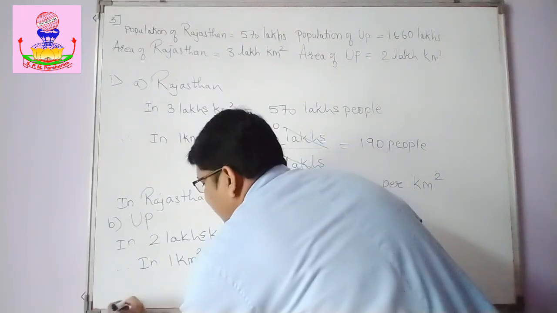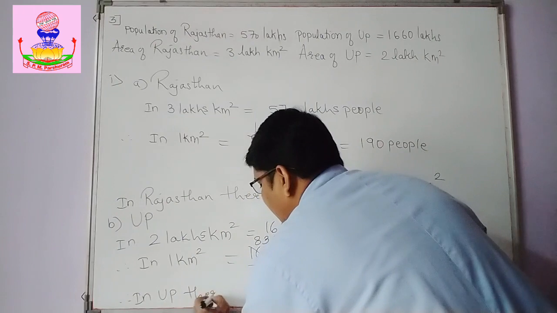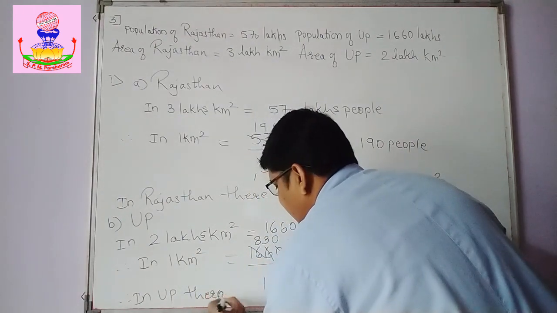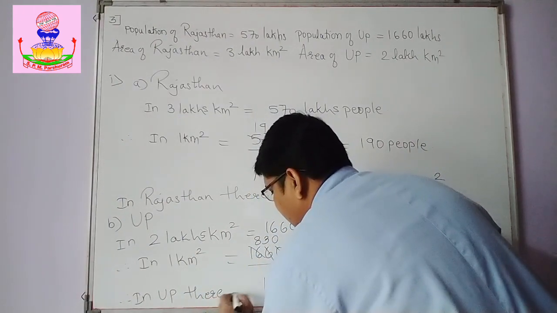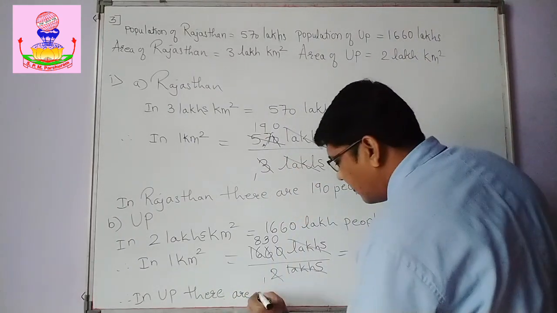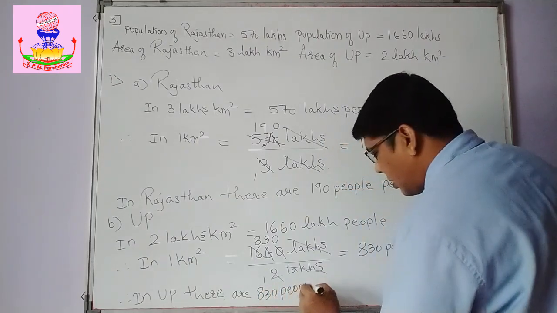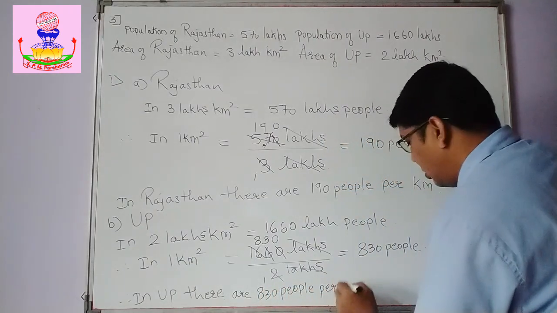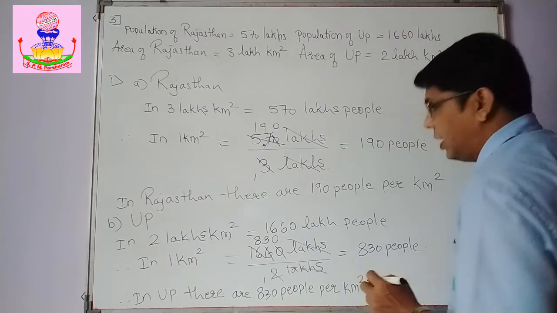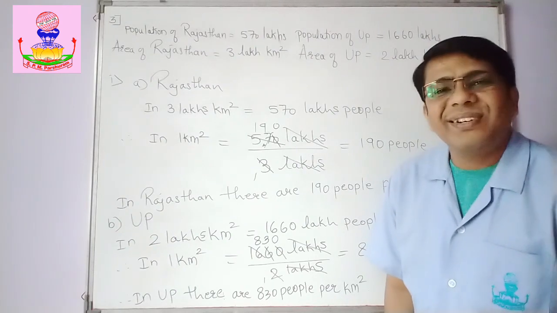Okay. So therefore, in UP, there are 830 people per kilometer square. Do you get it?